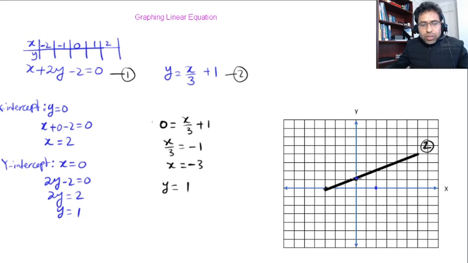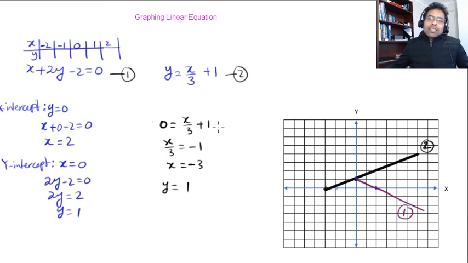I'm just picking this color and then adding this line. So this line is the first equation. If I draw the first equation, it will give a line like that, passing through x-intercept 2 and y-intercept 1. And our second equation has x-intercept minus 3, which is here, and y-intercept 1.